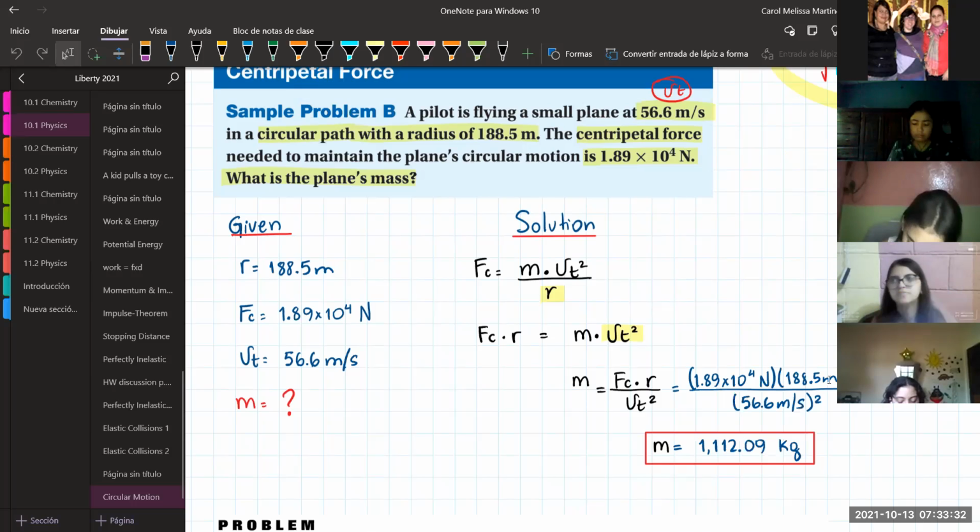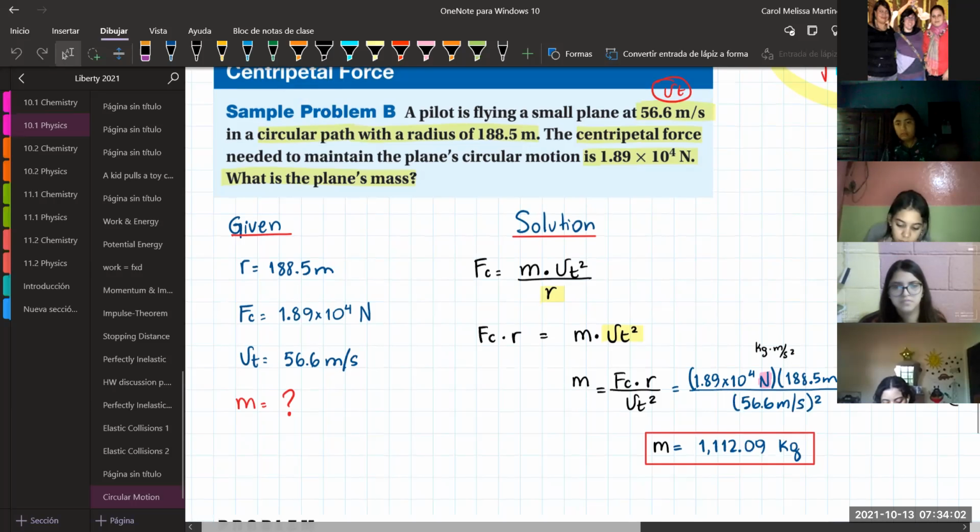Okay, just remember that a Newton is kilogram meters over second squared, okay? So you are multiplying kilograms meters over second squared times meters, and you are dividing by meters per second to the second power.